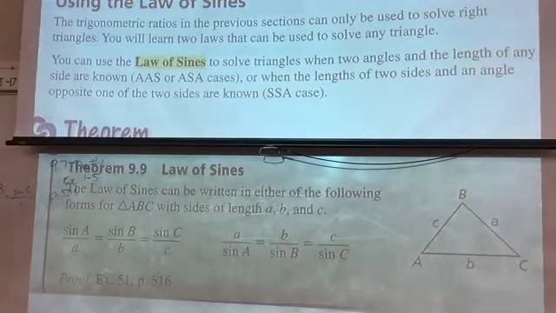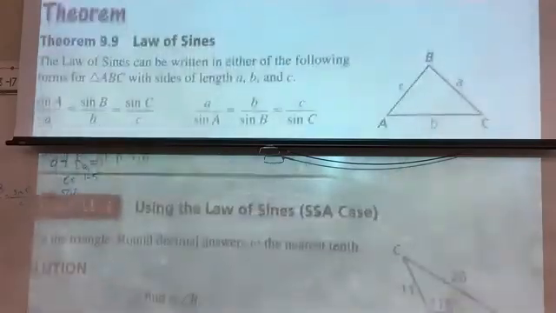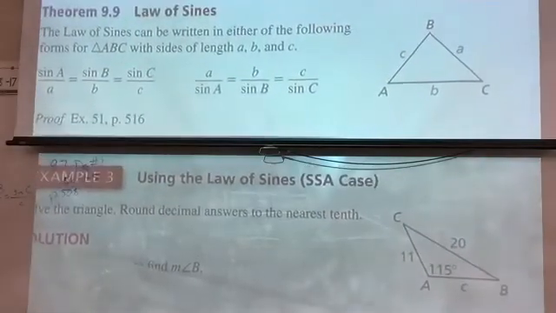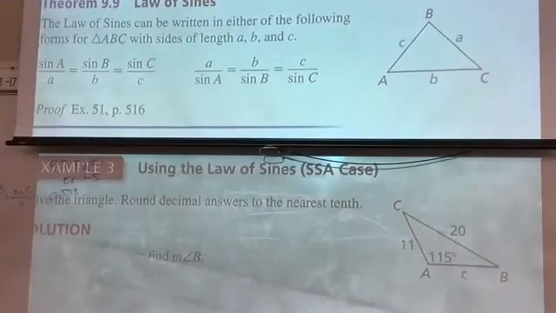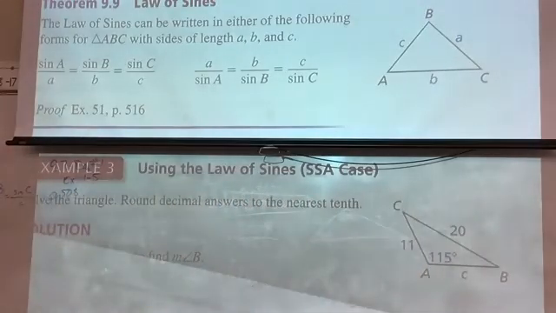So we take a look at that one that I showed a little bit earlier right here. We need to solve for the rest of our stuff here, our angles, our sides. We need to be able to set up that proportion.